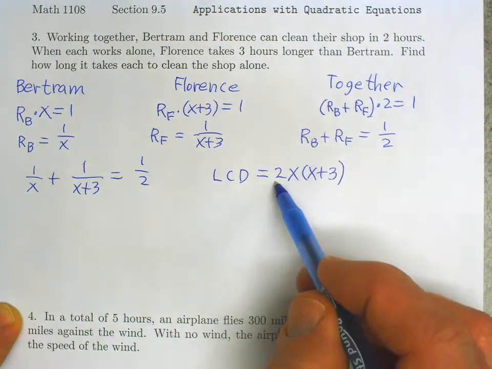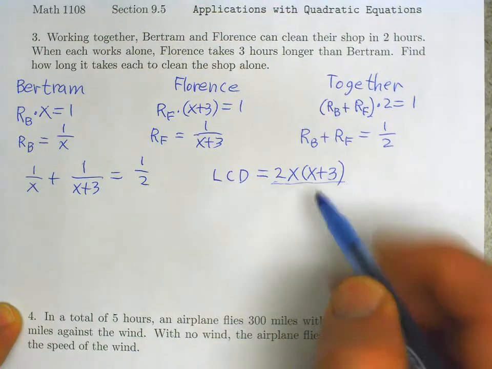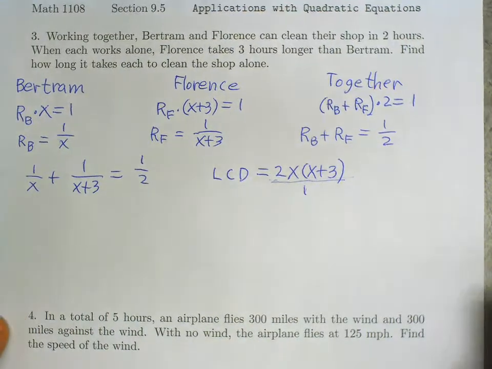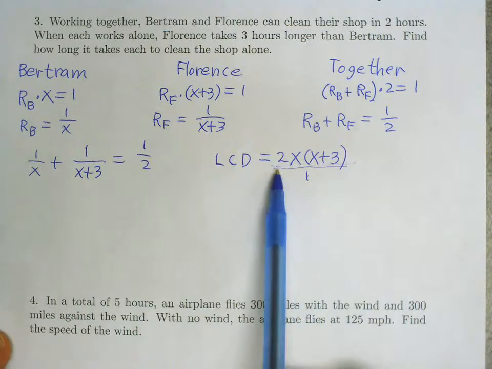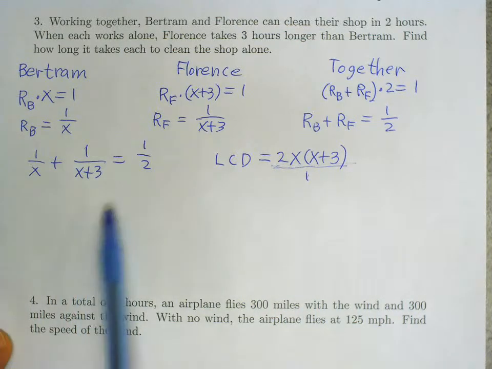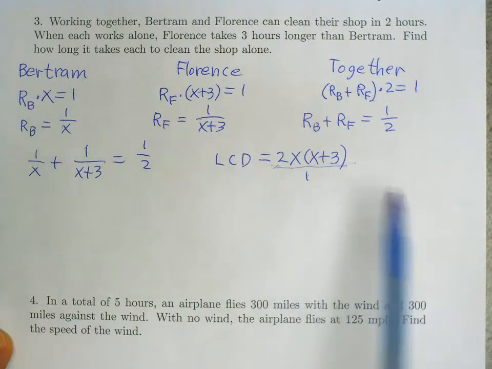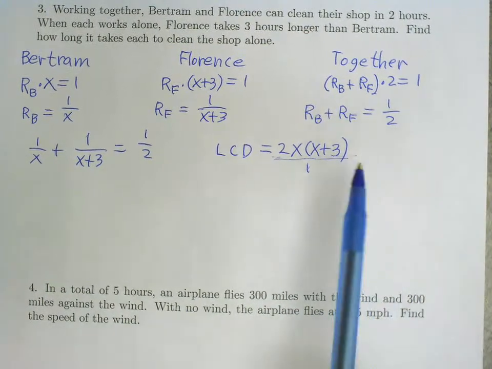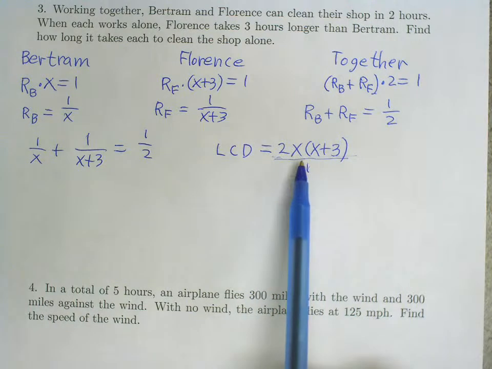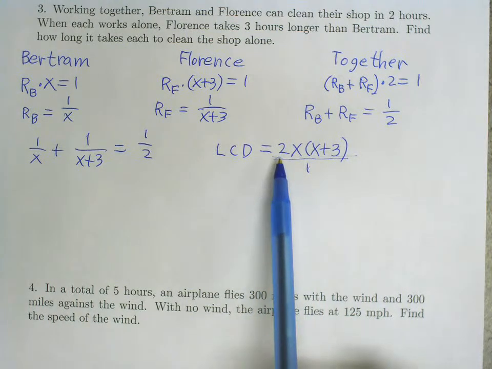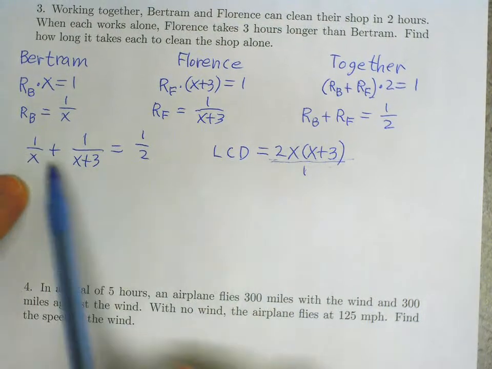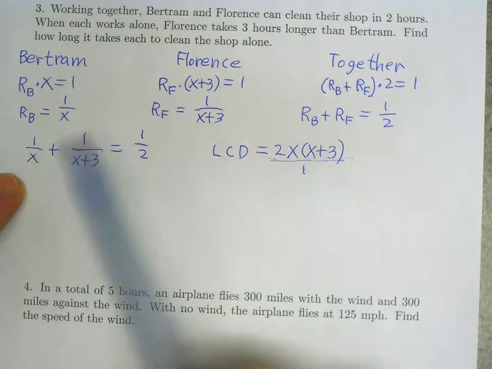And if it helps, you can write this as over 1. Okay, we have quite a bit of experience multiplying every term on both sides of an equation by a least common denominator. So I'm not going to write all of the detail that I could. I'm just going to point out when we multiply 2x times x plus 3 times 1 over x, the x's cancel each other.